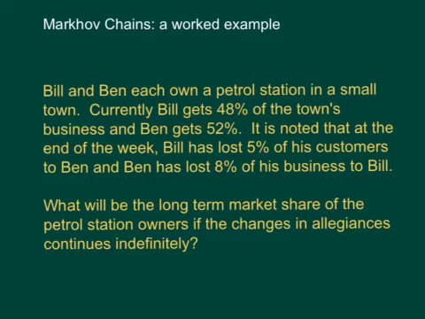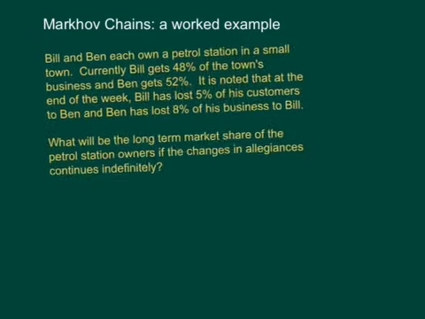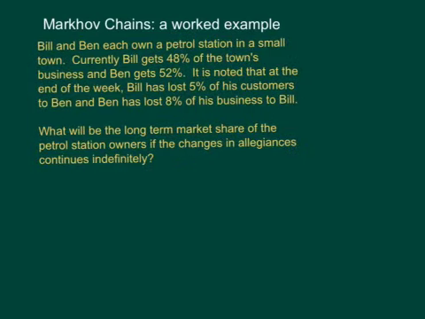So to form our matrices, we just use the information that's given, and the probability matrix in this case relates to the initial market share that Bill and Ben enjoy. So we can see that Bill has got 48% of the market. Now I know that we don't usually use headings in matrices, but this will help us keep track of what's going on.